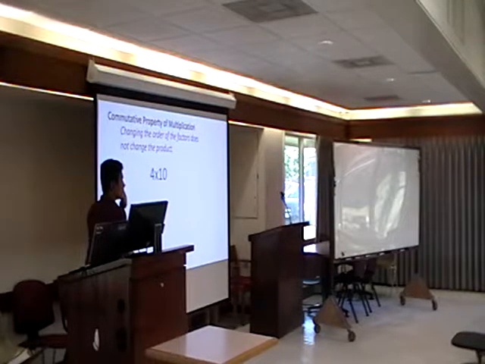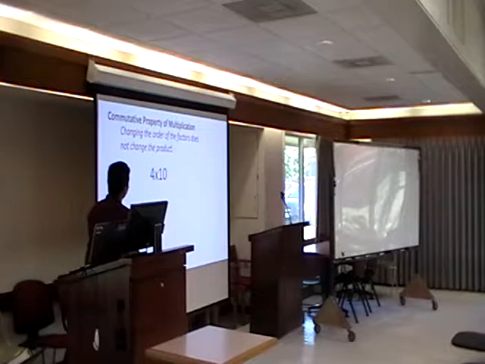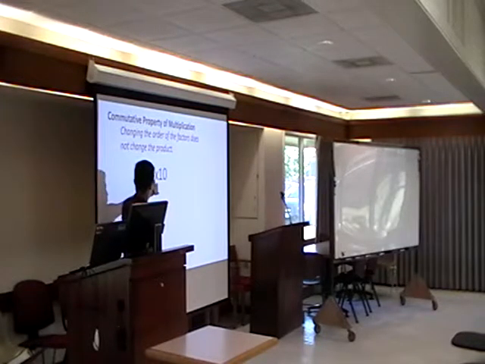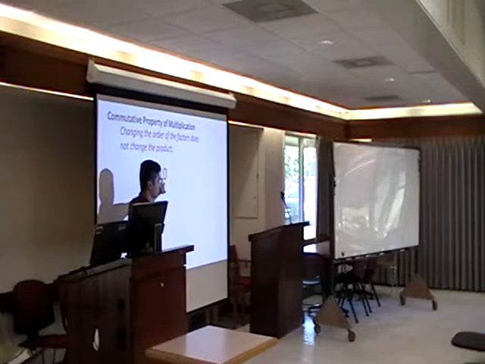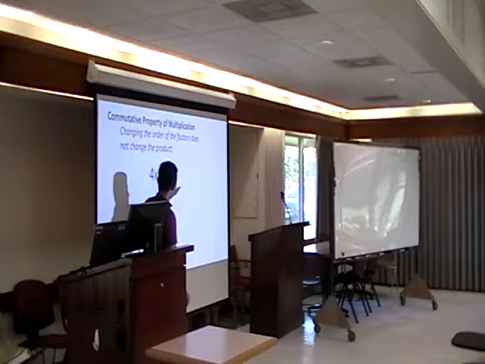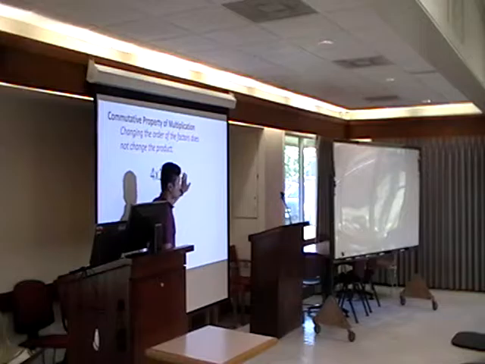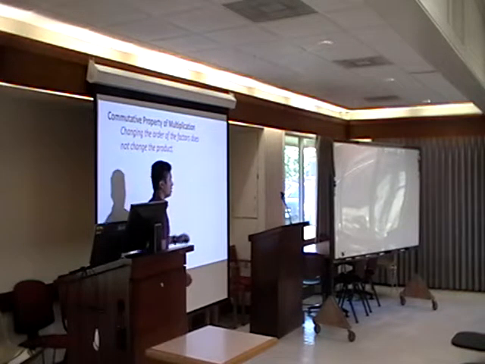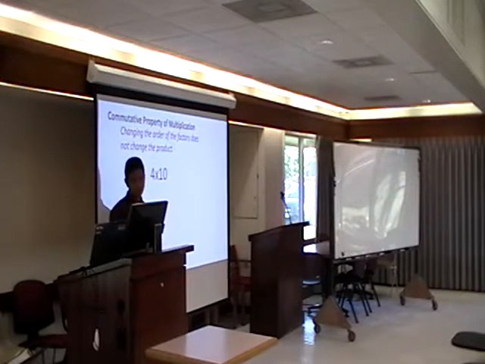What is a product again? The result of two or more factors multiplied together. So 4 is a factor, 10 is a factor. If you change the order, you put 10 first, and then 4. It does not change the product.